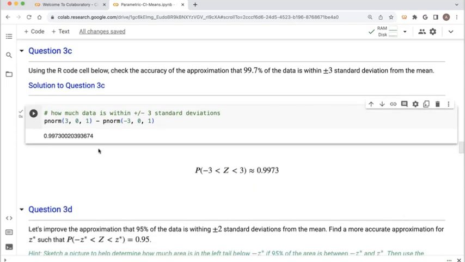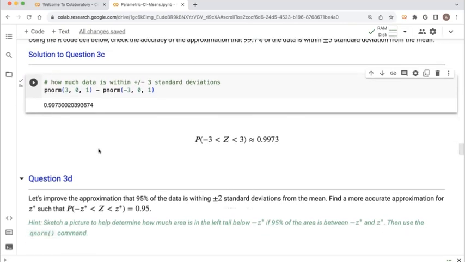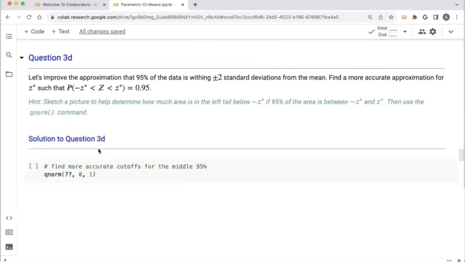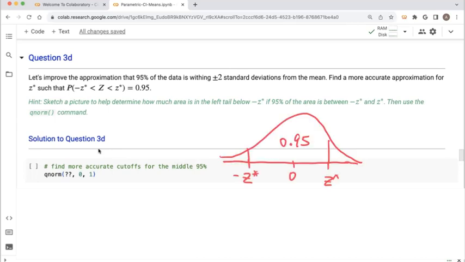So when we're constructing a 95% confidence interval, it's going to be useful for us to consider, well, what are exactly the cutoffs that give me 95% of the data in the middle? And so if I'm thinking about this picture, I have a normal distribution. If the middle 95% is between -z star and z star, that means in the left tail and in the right tail, below -z star or above z star, in those two tails is the missing 5%.